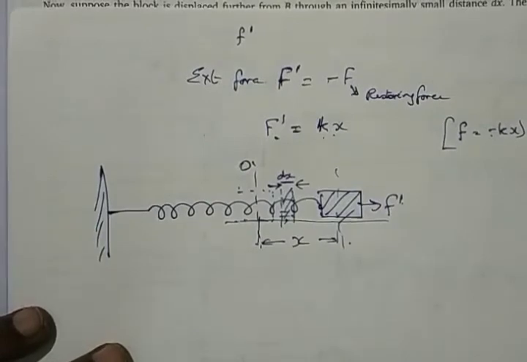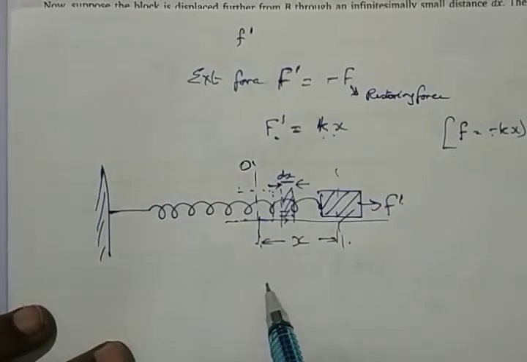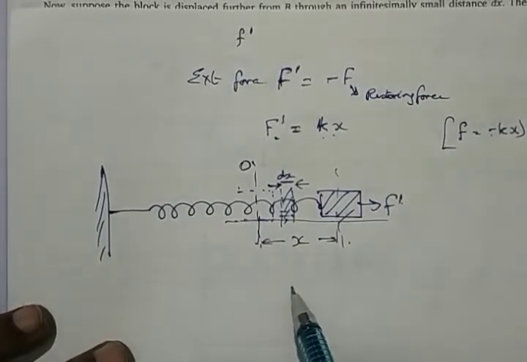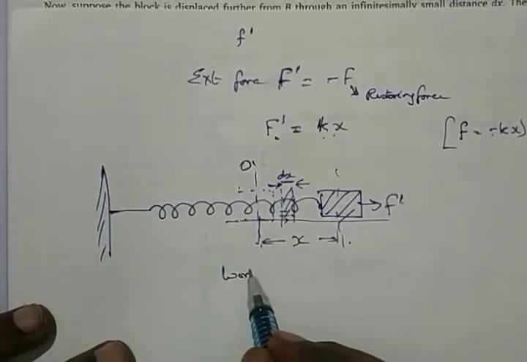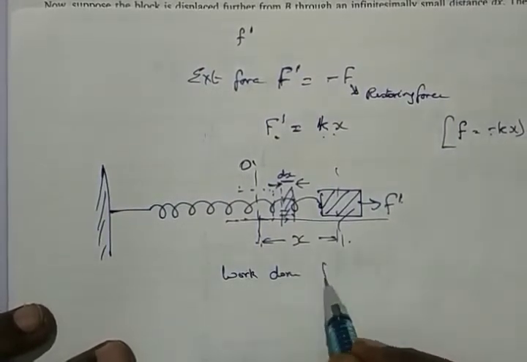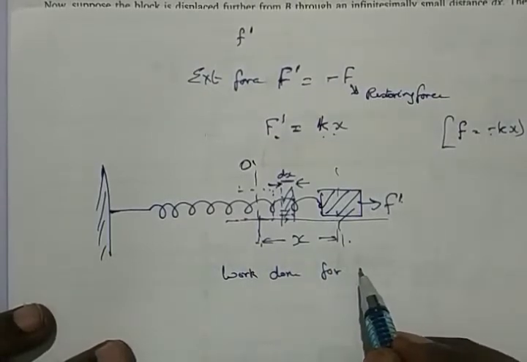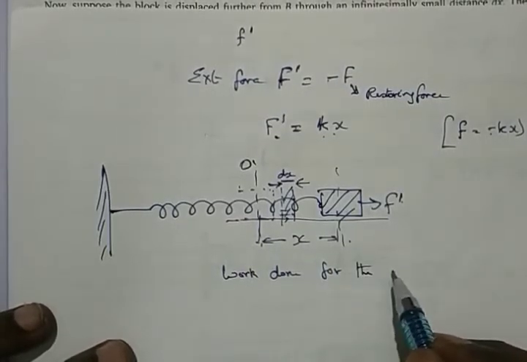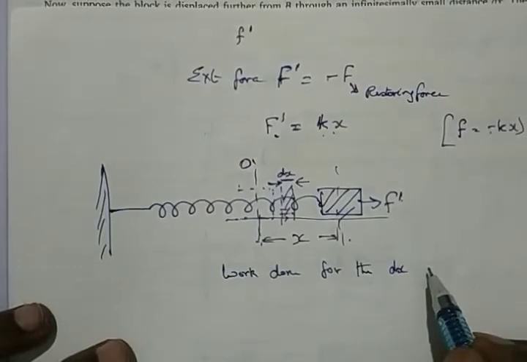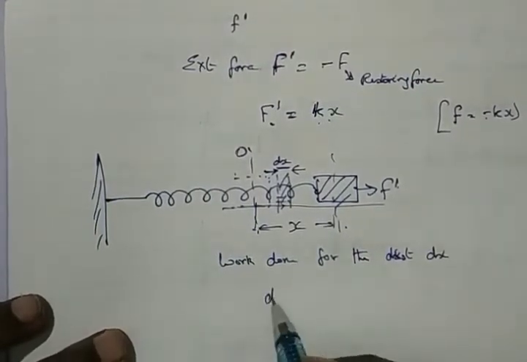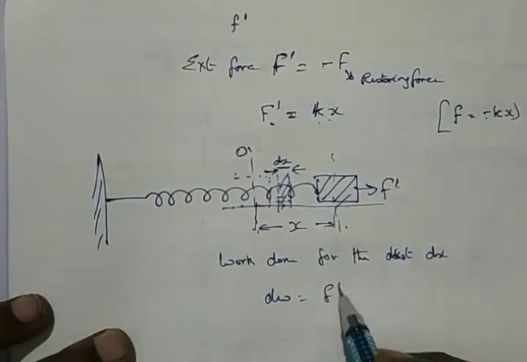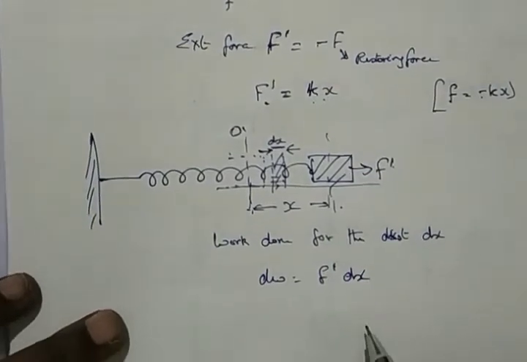Consider a small distance dx on which the external force acts. Work done for the distance dx: dW is equal to F dash into dx.